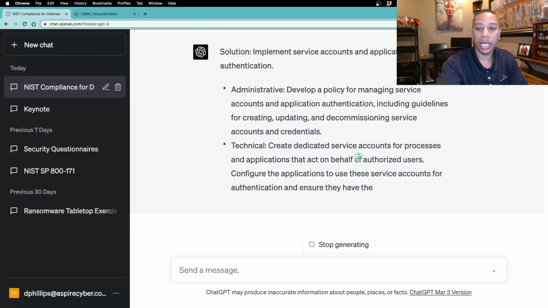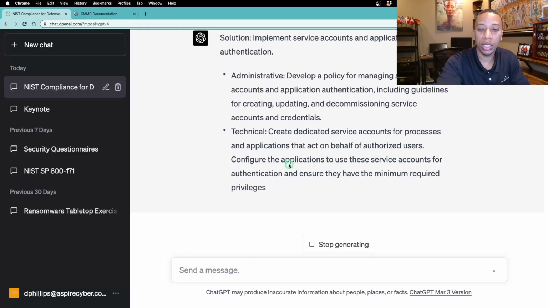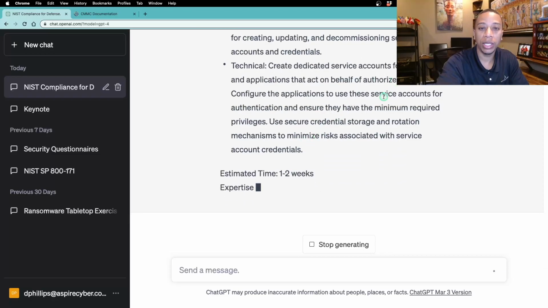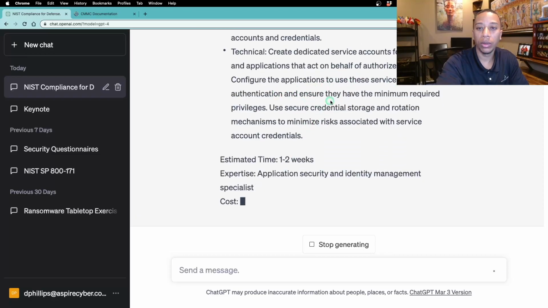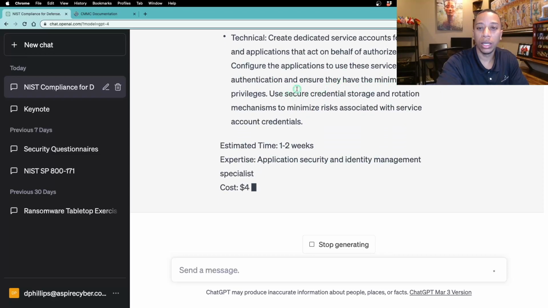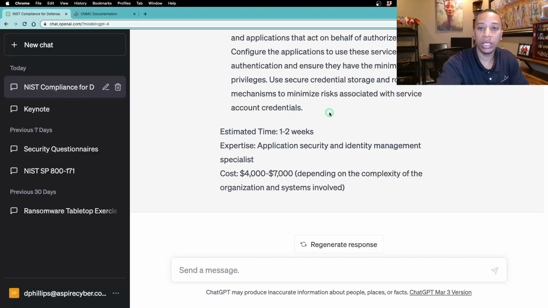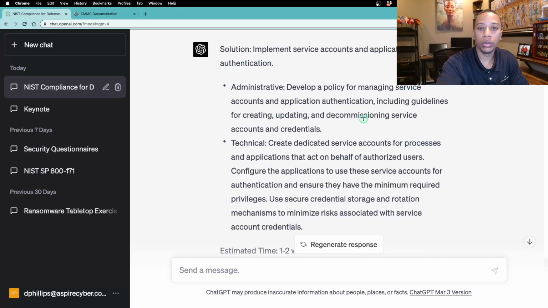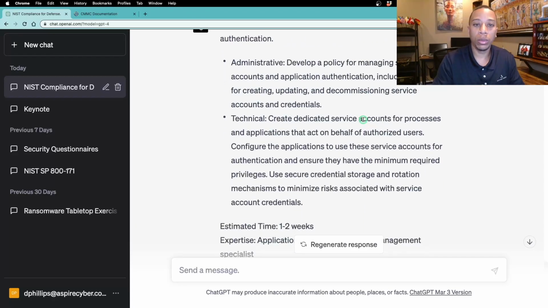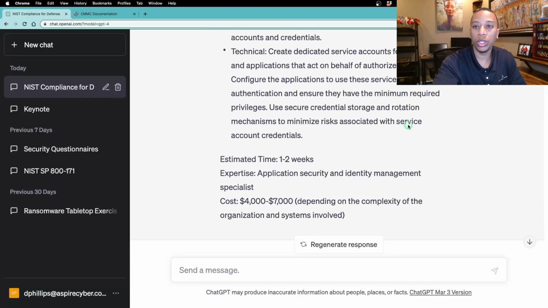We need to create dedicated service accounts for processes and make sure they're associated to specific users. Configuring applications, make sure they have the minimum required privileges. So this one's really high level. For each process that you have, you certainly want to make sure it's associated to a user.